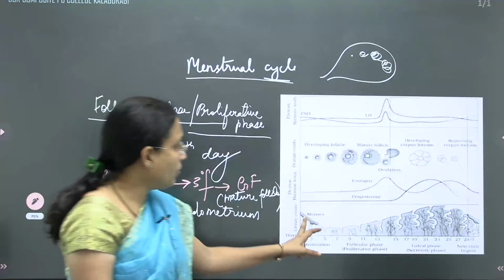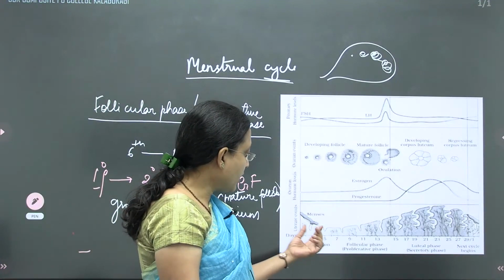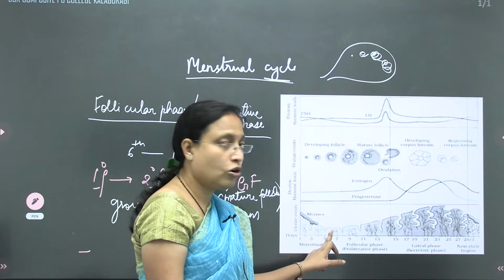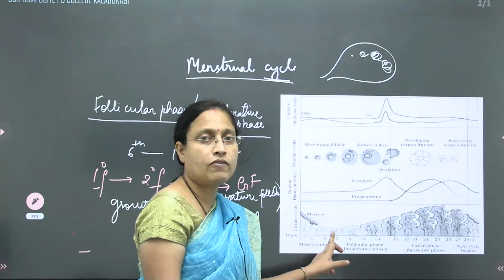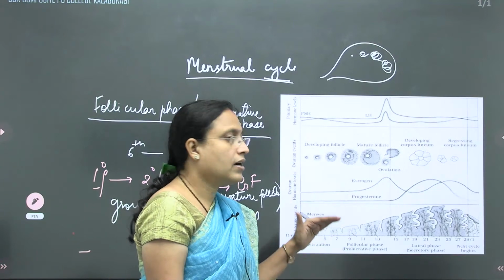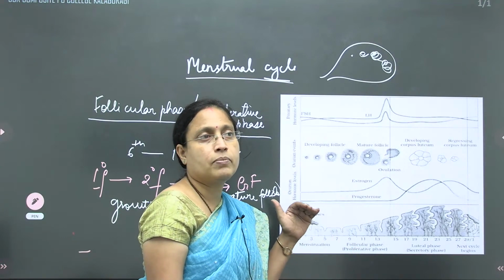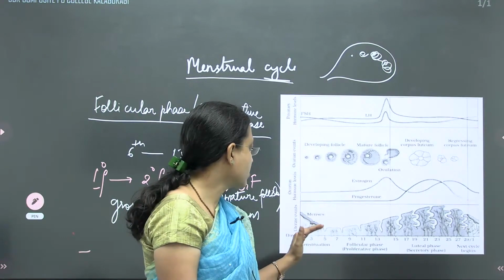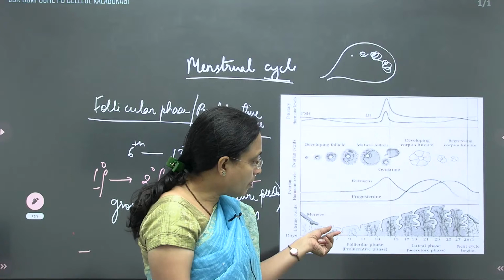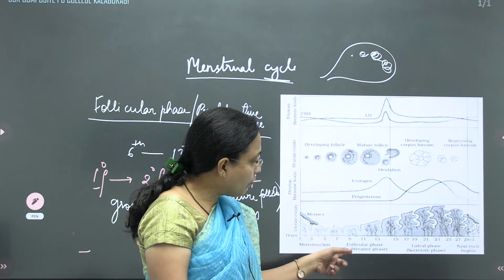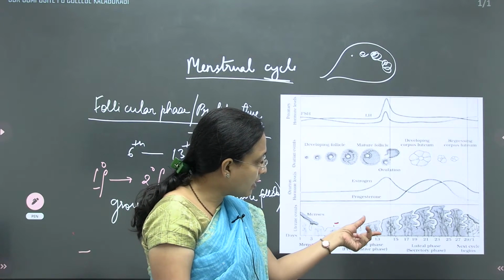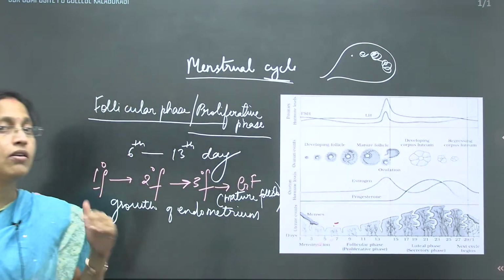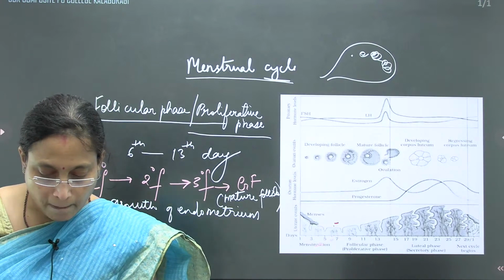Because of the discharge, the endometrium becomes thin, and the endometrium is not totally sloughed off. There are divisions in the endometrium, the stratum basalis and functionalis. The functionalis gets discharged, so after the discharge the endometrium becomes very thin. Then during the follicular phase, it becomes thicker and thicker and starts growing. That is called the growth or regeneration of the endometrium.